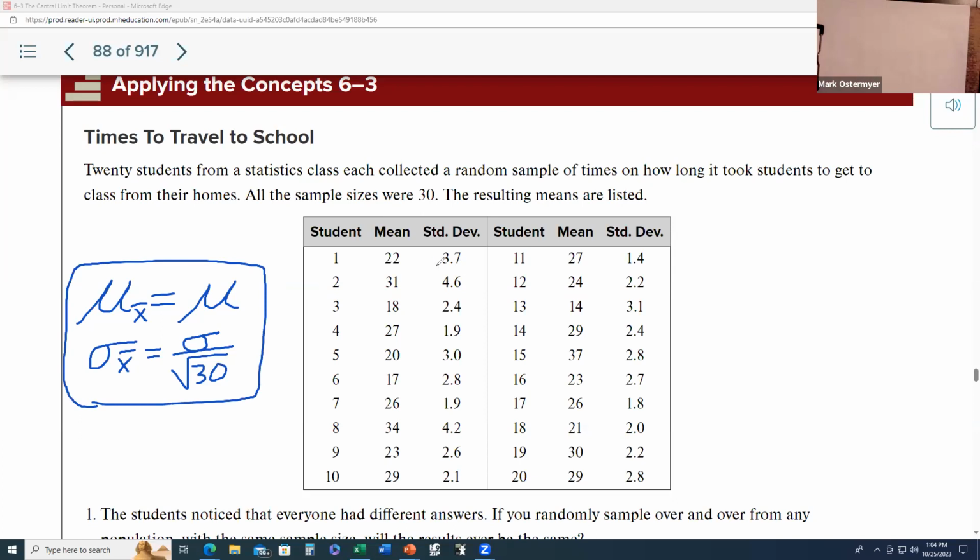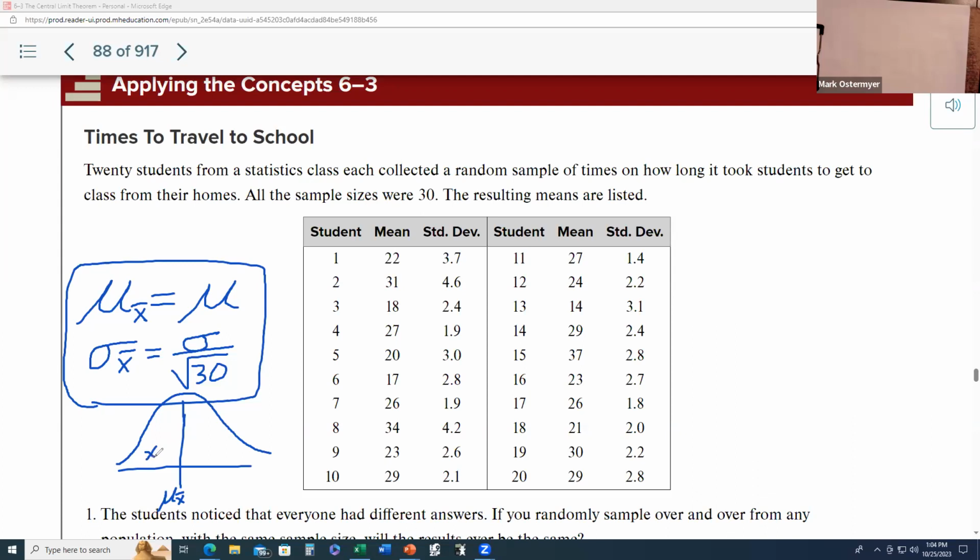Furthermore, these 20 sample means, if you were to build a histogram out of them, you would discover that they are normally distributed. So we would discover that the sample distribution of all these 20 sample means would be approximately normally distributed in bell shape, where mu sub x bar would be right in the middle here. Okay.